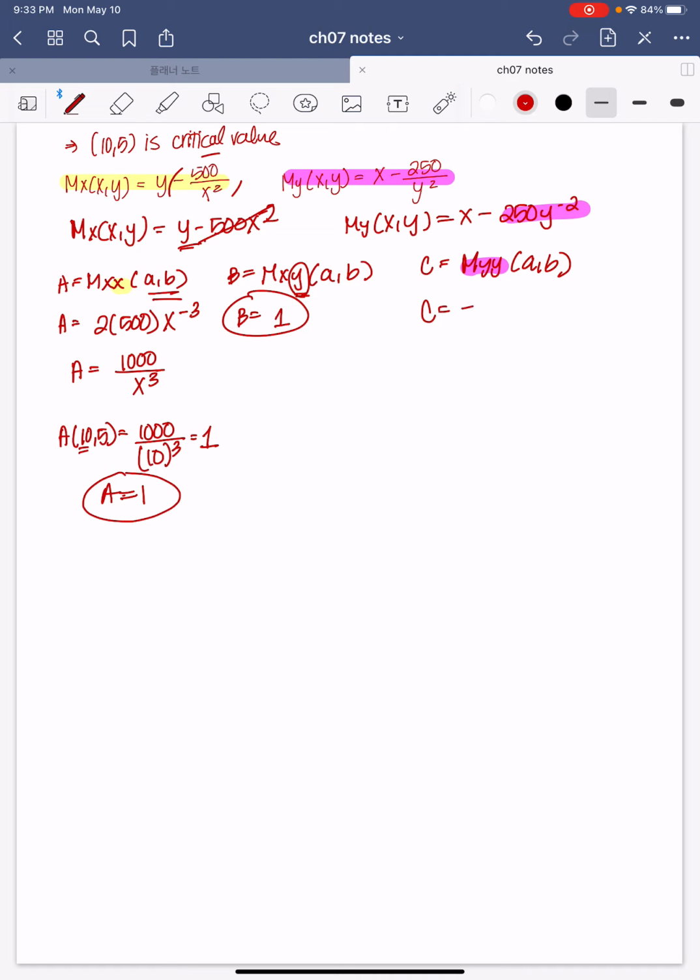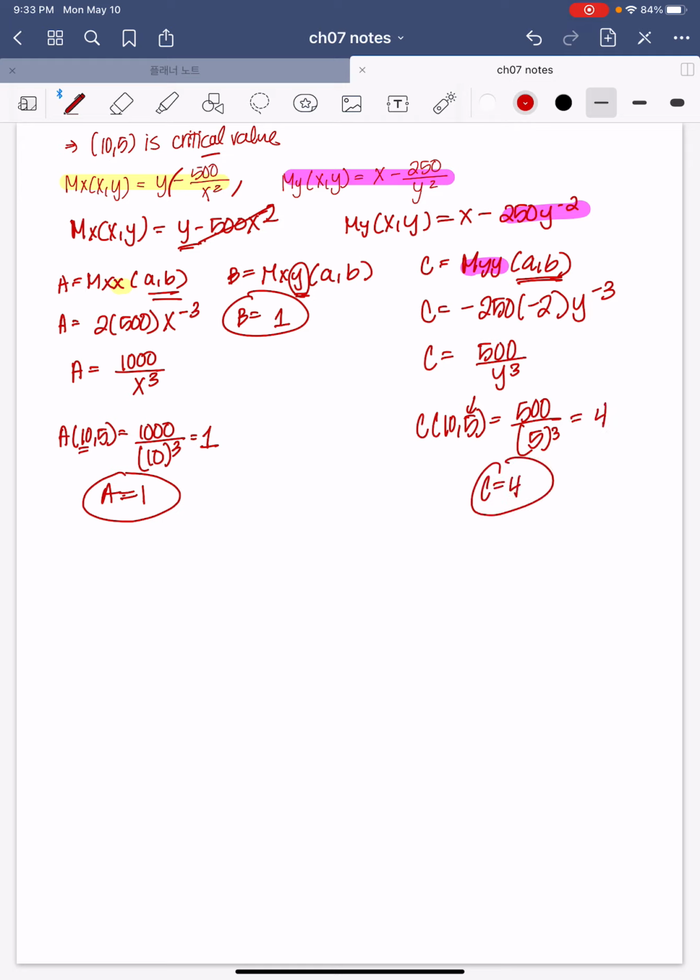So negative 250 and then negative 2 comes down and then subtract 1, negative 3. So I end up having 500 over y cubed. So again, it's not a constant, so we plug it in, 10 comma 5. Y is 5, so 500 over 5 cubed. So I get it equal to 4. So C is equal to 4.